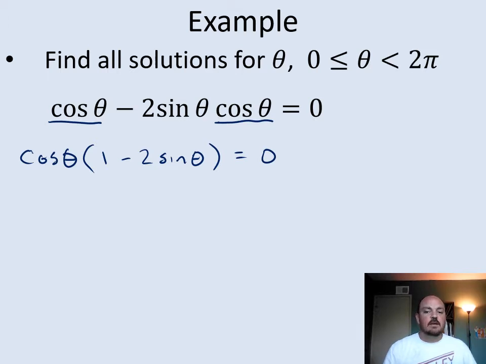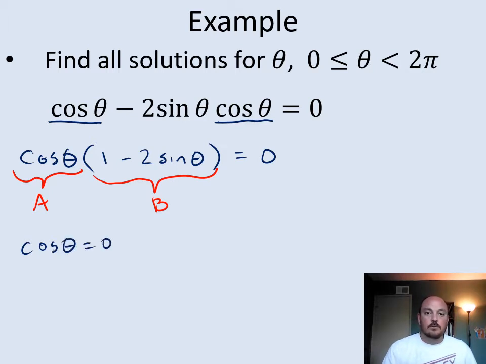And what you have, if you think about what we just talked about with the zero product property, is a times b equals 0. And that means we can separate them. So either the first part, cosine theta equals 0, or the second part, 1 minus 2 sine theta equals 0.